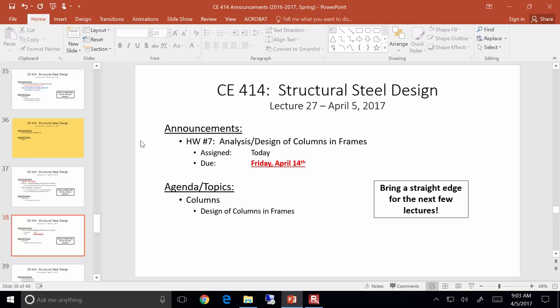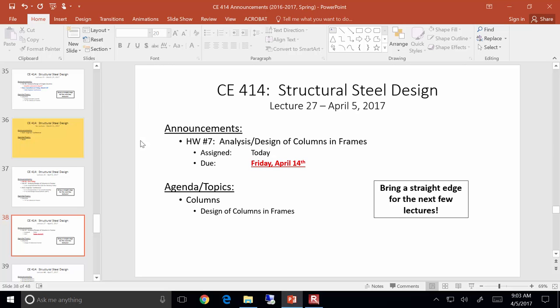The idea is just to make sure that you all are comfortable with the use of the alignment chart. You go through and just use the alignment chart to compute K. Now, I'm not giving you any loads for the column, so you couldn't compute tau even if you wanted to. So the idea is to just get comfortable with the alignment chart.